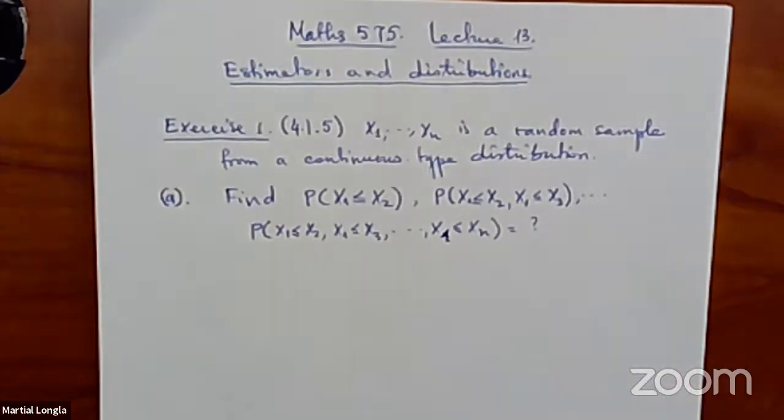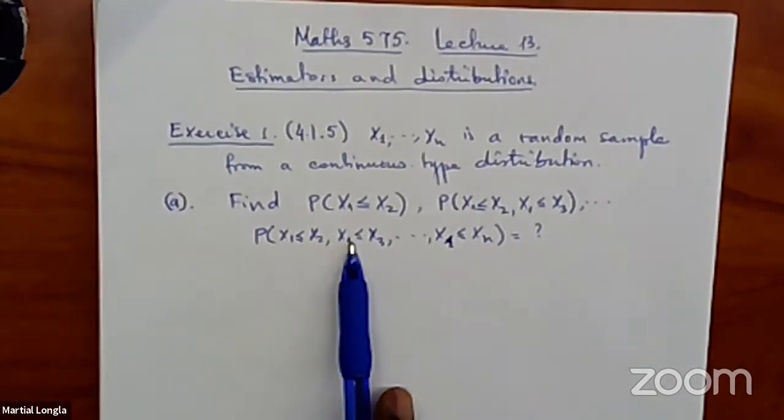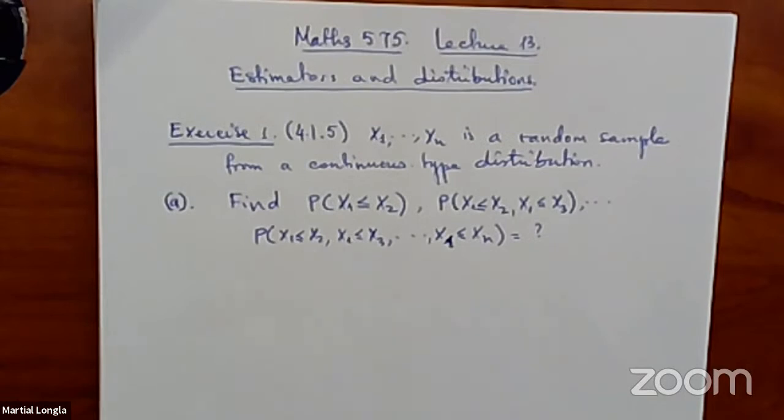So we need to find this. I'm going to just do all of that in one. Why? Because they are all subcases of the last one. So I just write the last one, find the answer, and then you plug in n equals 1, n equals 2, n equals 3, you get the other answers.